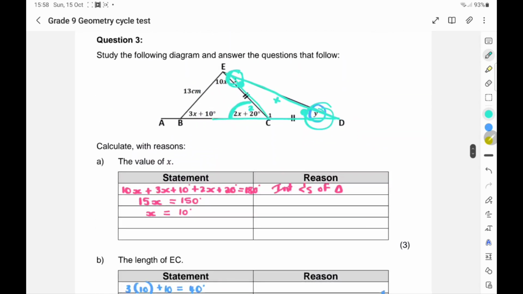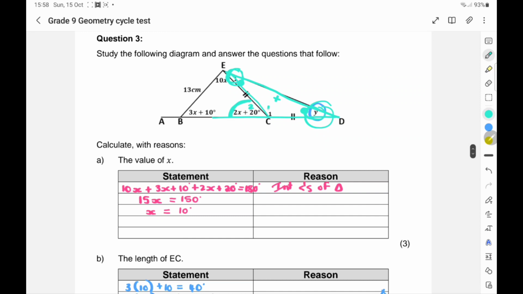You could have worked out that this one is 140 because of angles on a straight line, and then also E1 is equal to Y because of angles opposite equal sides, and then you can say E1 plus C1 plus Y is equal to 180 because of interior angles of a triangle.